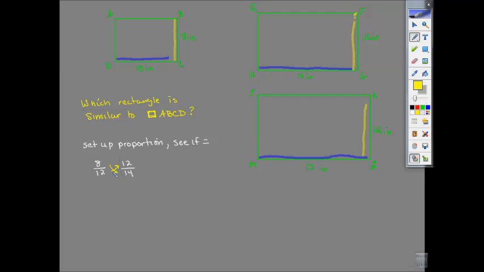So what I usually do is I just recommend always cross multiplying and then you can always tell. So I'll have 8 times 14 and 12 times 10. 8 times 14 is 112. 12 times 12 is 144. These are not equal.